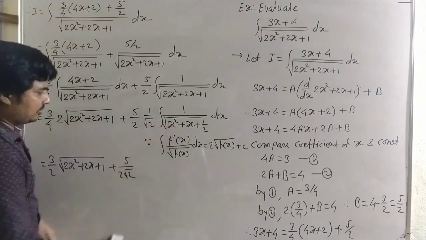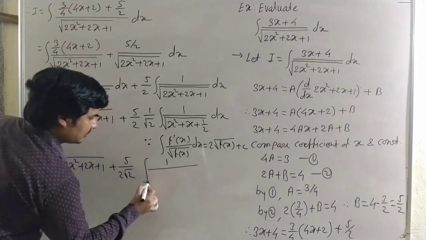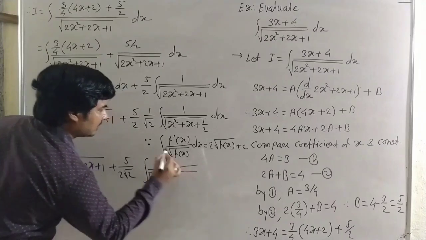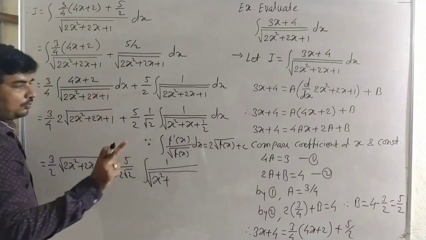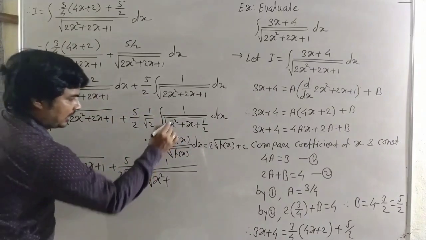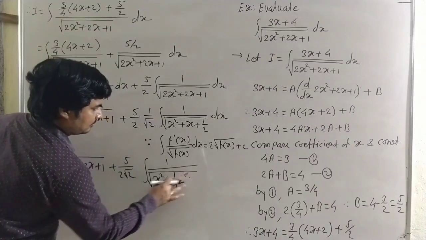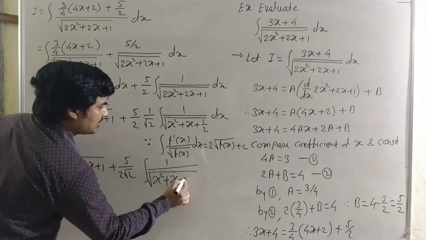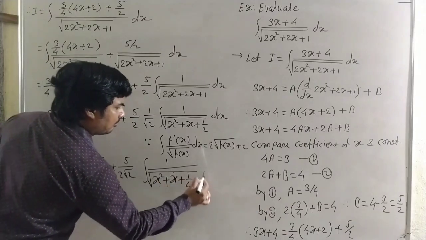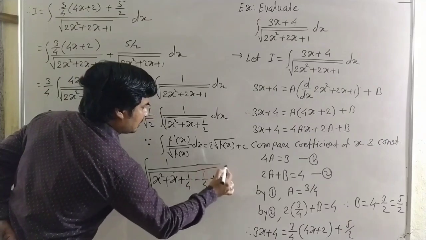Now by the completing square method, here we can write integral of 1 upon under root x square plus the coefficient of x, it is 1, half of 1 is 1/2. Therefore we write x square plus x and then plus 1/4 minus 1/4 plus 1/2 dx.